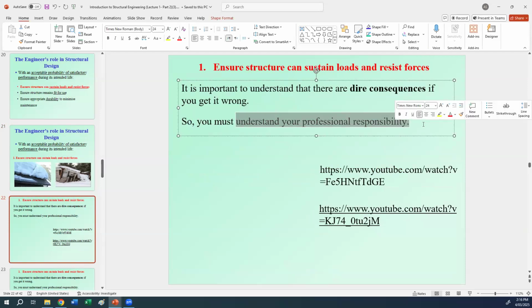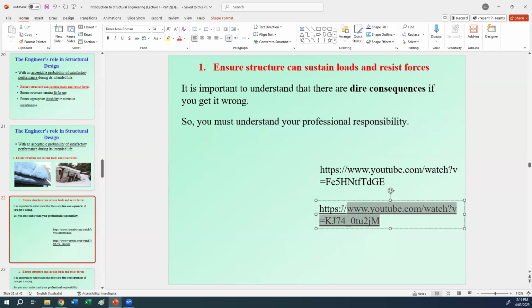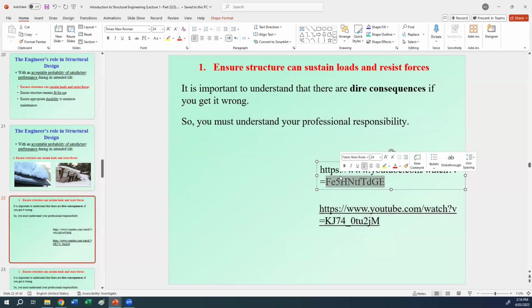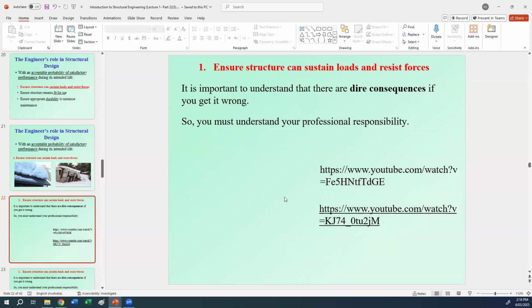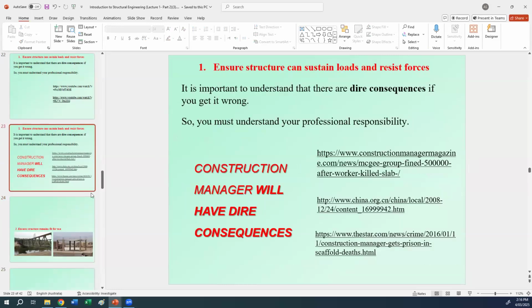It is the responsibility of the designer to include or consider all the design loads in the design process. These are two videos you can watch, showing examples of some of the dire consequences that happened due to bad or poor design.